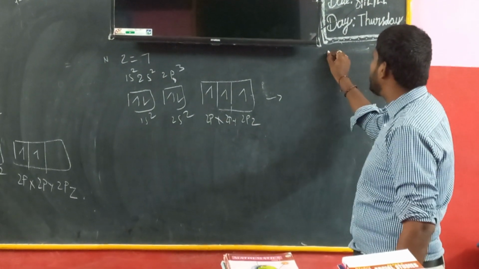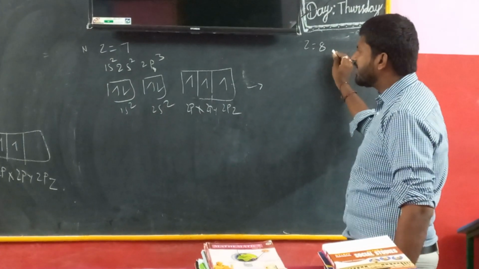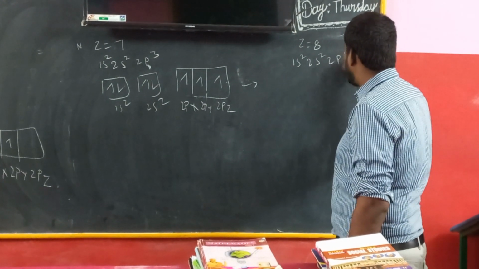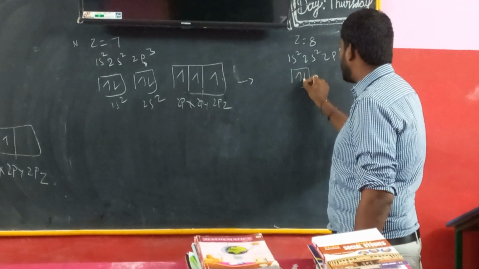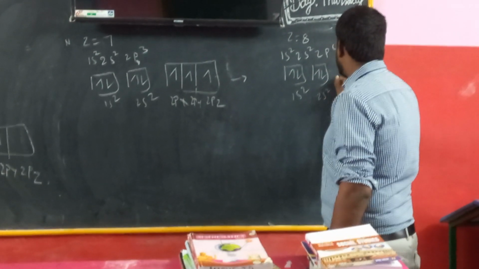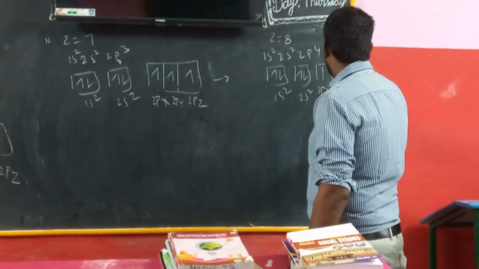Let me show you an example with oxygen. The atomic number of oxygen is 8 and the electronic configuration is 1s2, 2s2, 2p4. Now you see here, this is 1s2, this is 2s2 and 2p4, with 2px, 2py and 2pz.